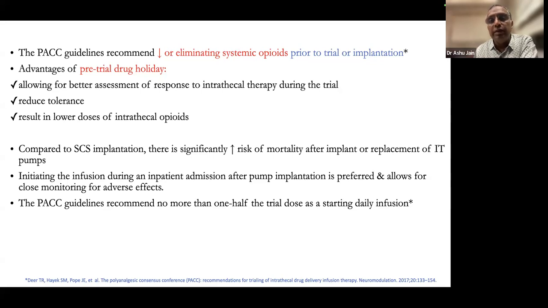So for 2 months we put him on slow release tramadol, decreased its dose in 1 month from 300 milligram to 100 milligram, then to 50 milligram, and once the patient was stabilized on 50 milligram per day, then we thought of implanting the device. So this is how you have to do. You have to decrease the dose of opioid, otherwise it will end in failure.